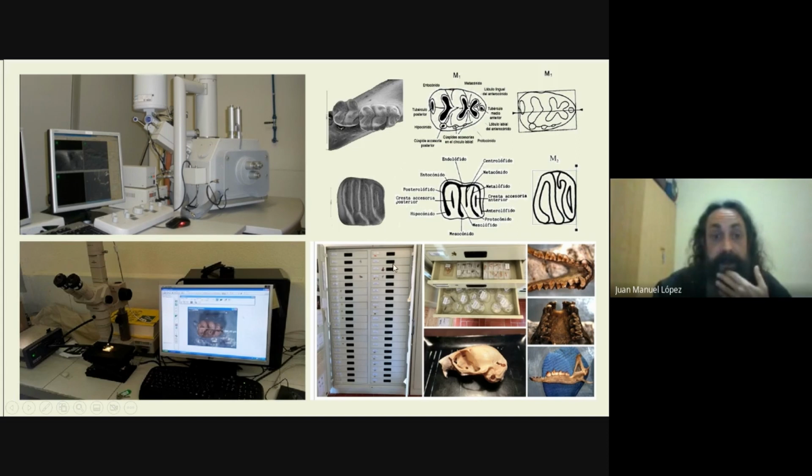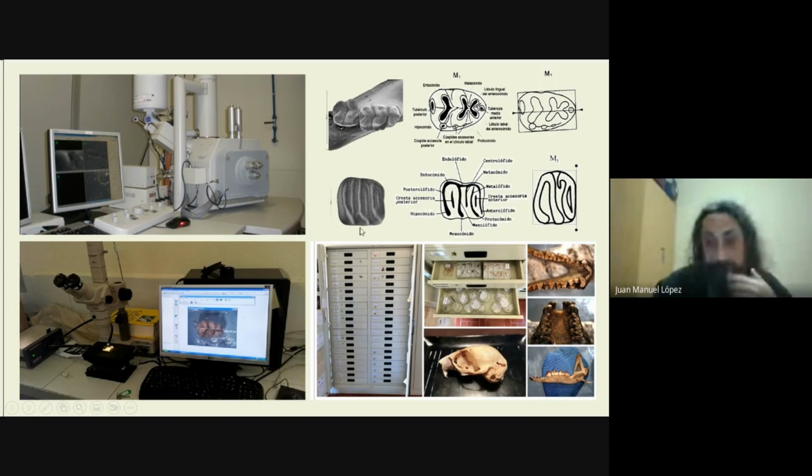After, for the identification, we use reference collections and we make some measures to see if there is one species or another species. And after, for publications, for example, we make pictures from the electron microscope to see the characters that are from one or the other species.